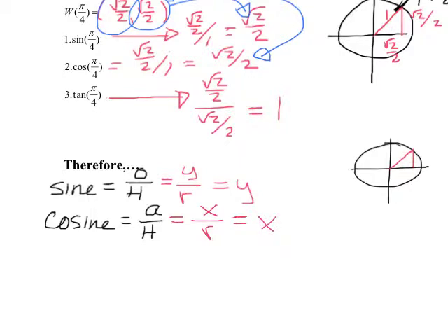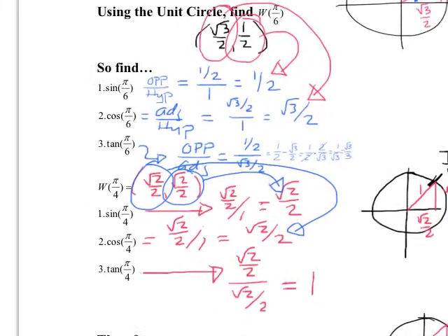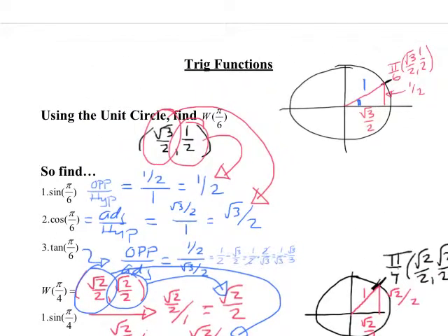So what that's saying is that when we spent all this time talking about the wrapping functions, when I ask you for way up here, let's see if I can get rid of some of that stuff. All right, there we go. If I'm asking you what's the wrapping function of pi over 6, and I say root 3 over 2, 1/2, what that's saying really is the cosine of pi over 6 is equal to root 3 over 2.